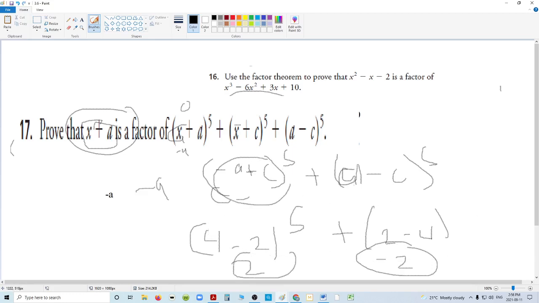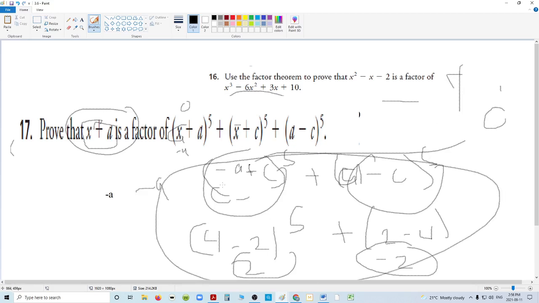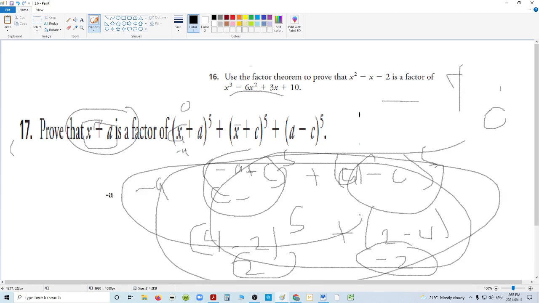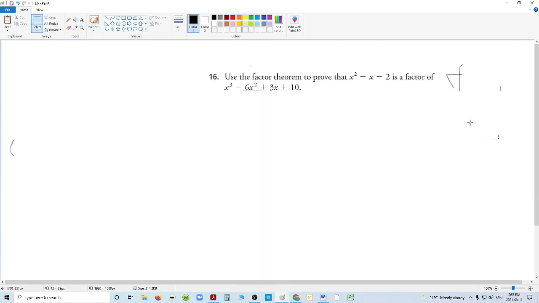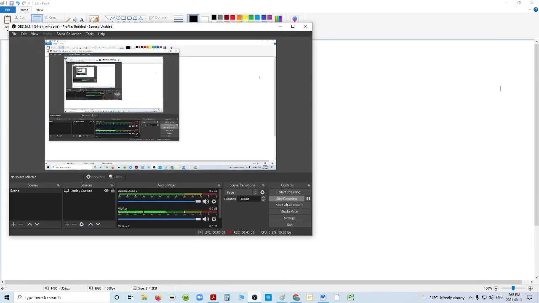Because these are switched numbers, it's essentially saying a negative whatever this is added to a positive whatever this is will be 0. And you have to fiddle a bit with the numbers. You could also expand this and expand all that, and then you will see the common terms will cancel each other out. But yeah, that was silly of me. That was actually a pretty easy one. There you go. That's good for now. That's the end of 3.6. You can see it's just mostly slogging through the calculations.